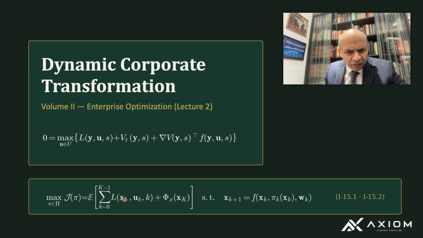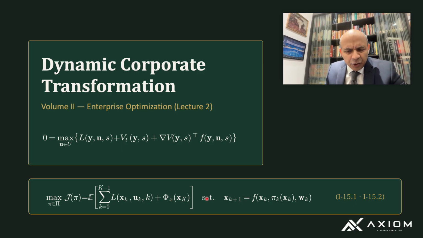And this term over here, L, is the period k payoff, value contribution, or transformation reward. And the final element here, big phi, is the terminal value.